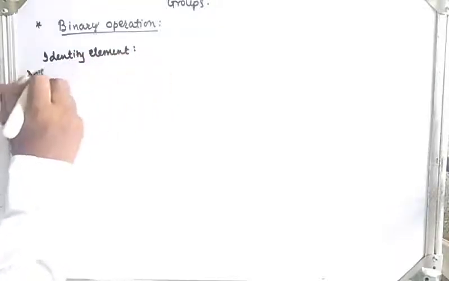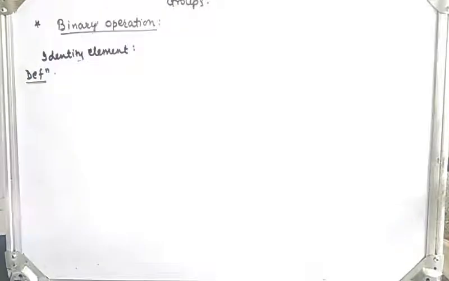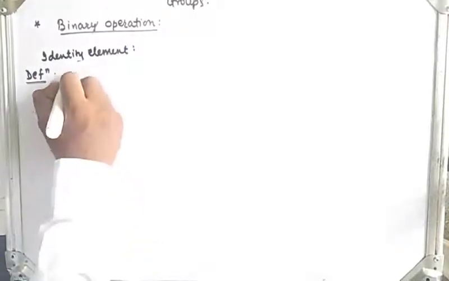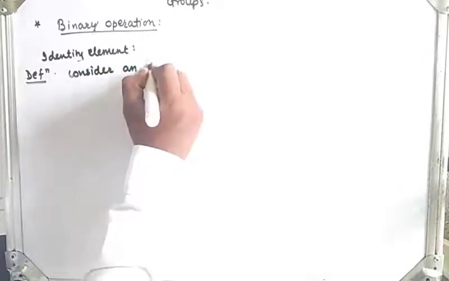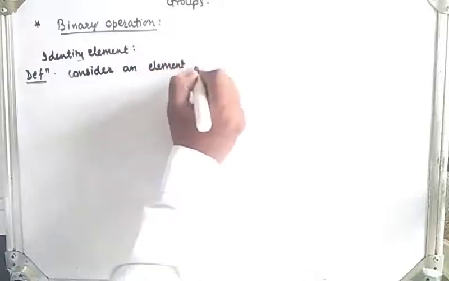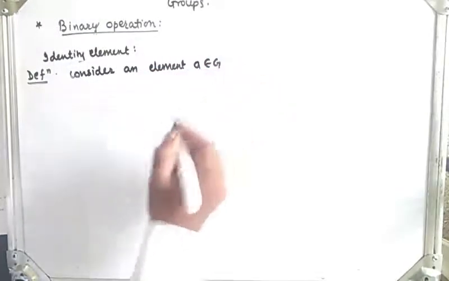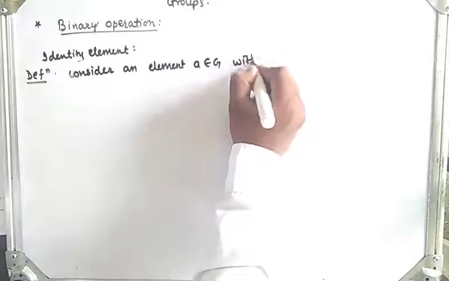So let's see the definition. Consider an element E belongs to G with binary operation star.